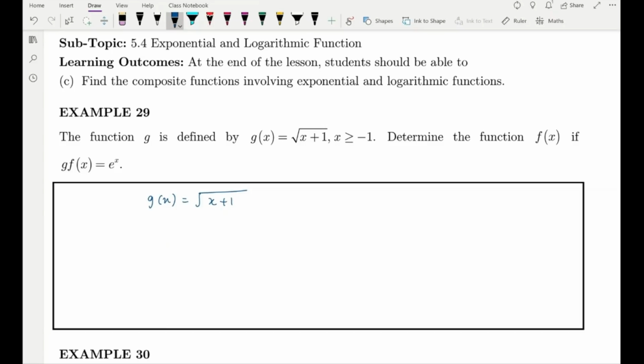And then g(f(x)) equal to e to the power x. So the function is inside. So for the inside function, we should use the substitute method.